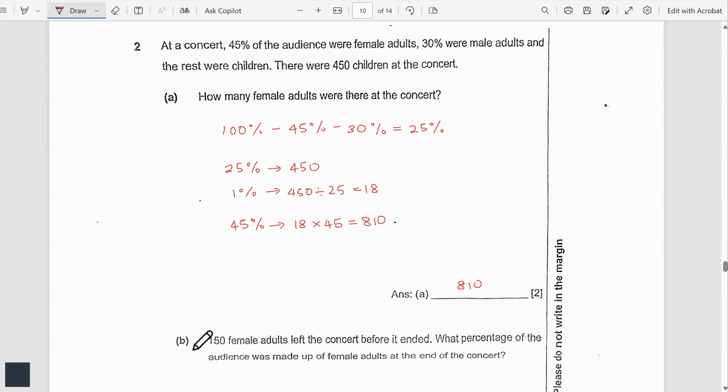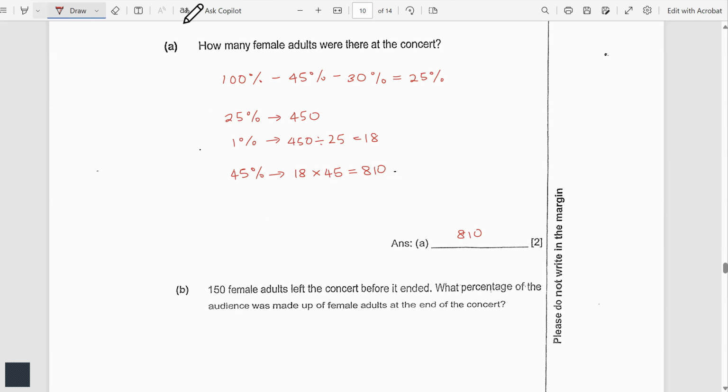Okay, for part B, 150 female adults left the concert before it ended. What percentage of the audience was made up of female adults at the end of the concert? So first, what we want to find is how many female adults there are at the end of the concert. From part A, I know that there's 810 at first. So let's take 810 minus 150.